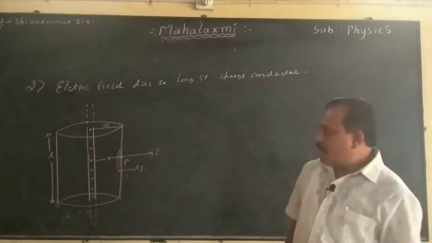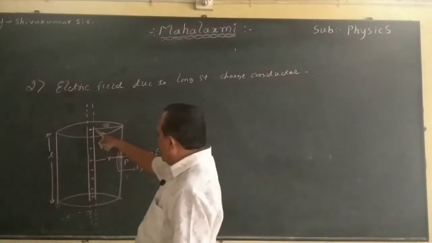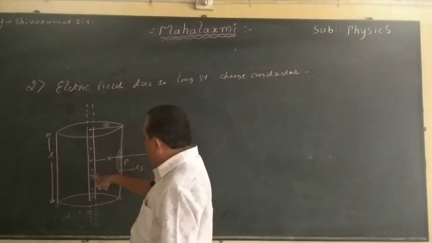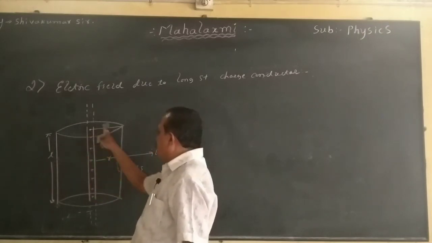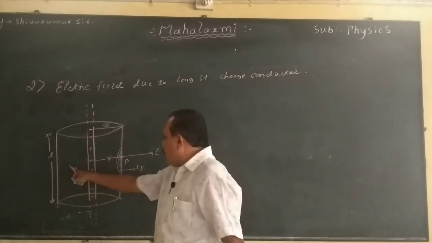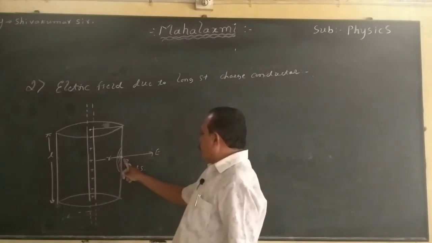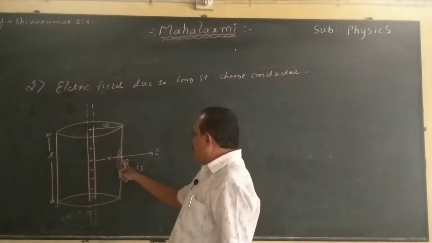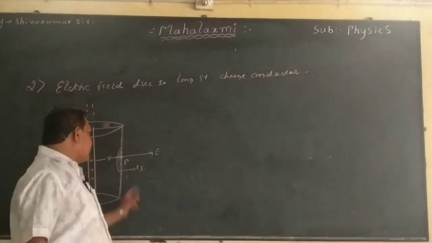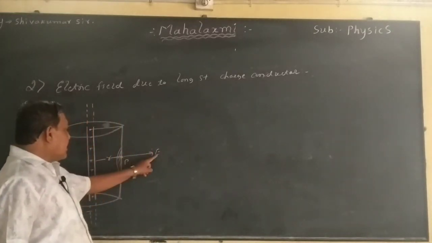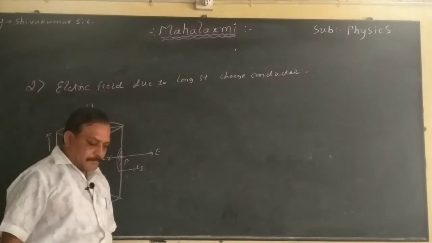I take the straight conductor which is charged, where the charges are distributed on the surface of the conductor. Then to enclose the charges, I take the cylindrical surface of length L, and P is the point at a distance R, where the electric intensity is to be calculated, and ds is a small area around the point P, and E is the direction of the electric field.